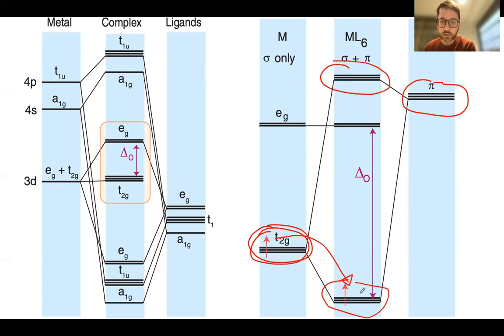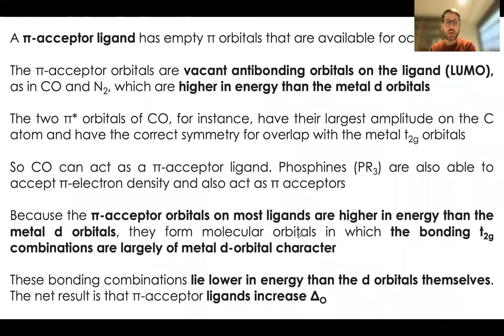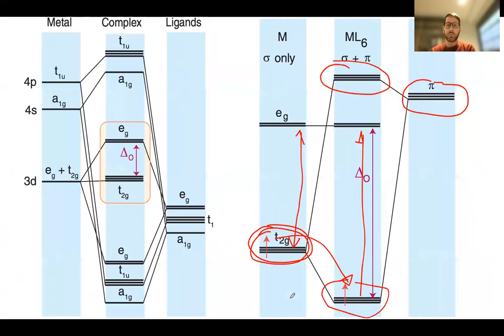This means that pi acceptor ligands lead to an increase in the ligand field splitting parameter relative to the case in which only sigma interactions are present. This is summarized in this slide. One example of pi acceptor ligands is carbon monoxide. So the net result is that pi acceptor ligands will increase the ligand field splitting parameter.